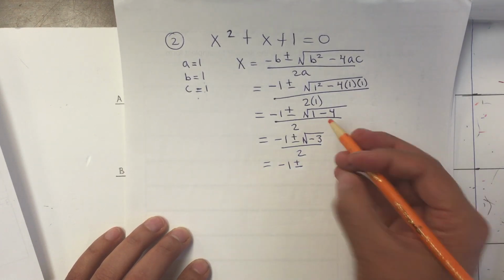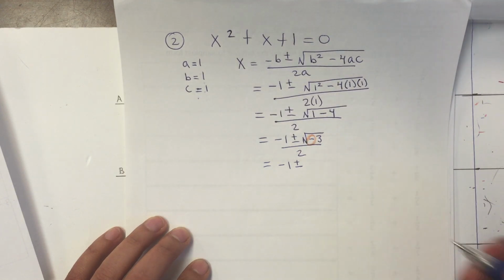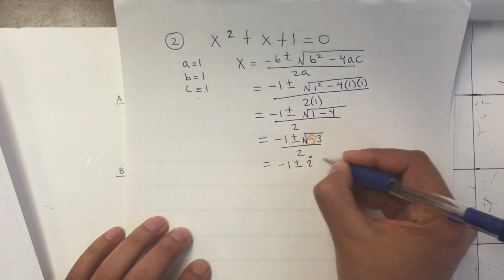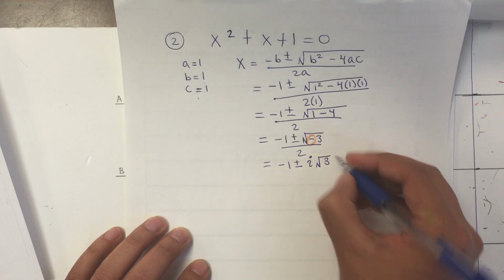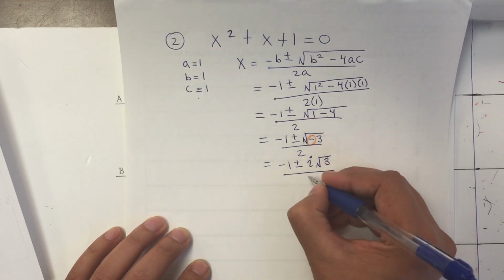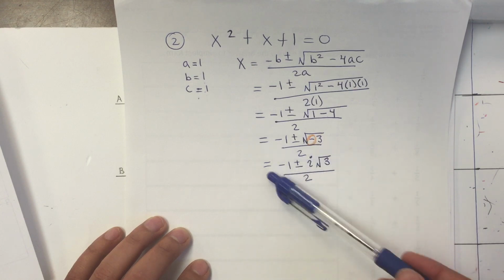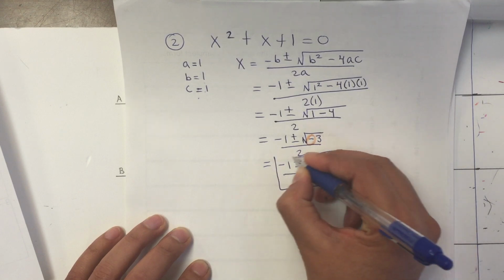We cannot simplify the 3, but we can simplify this negative by putting it as an imaginary number. And remember that the radical comes after the imaginary number. And it's all over 2. Since we can't simplify anymore, that's going to be my answers. This is going to be it.